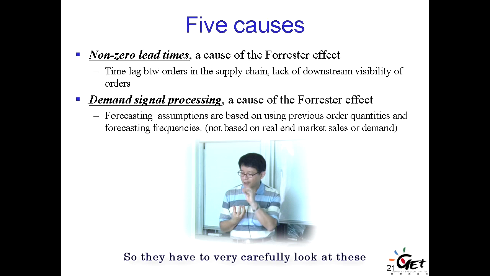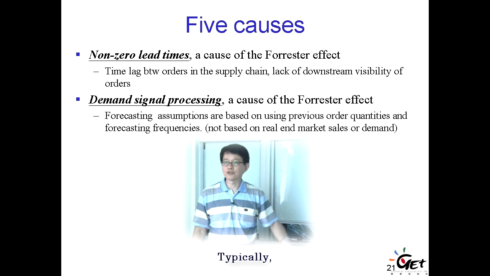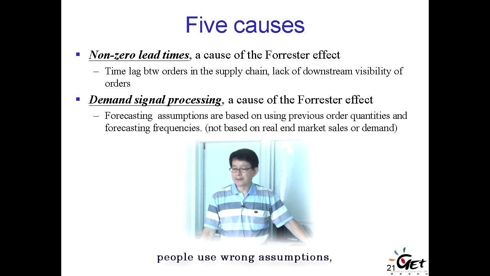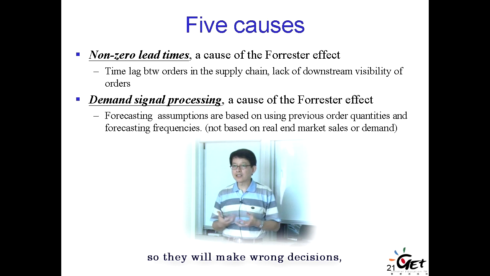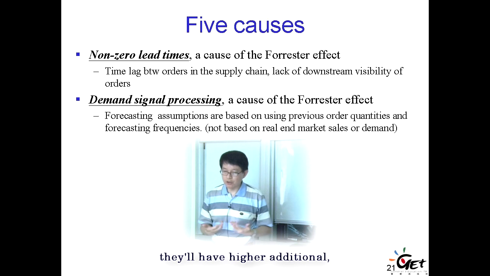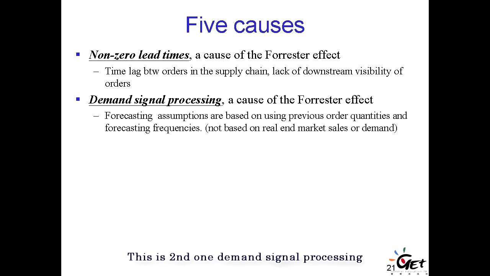So they have to look very carefully at these signals from their immediate customers. Okay? So typically people use wrong assumptions. So of course, they will make wrong decisions. So they will have higher additional extra inventories. Okay. So this is the second one, demand signal processing.